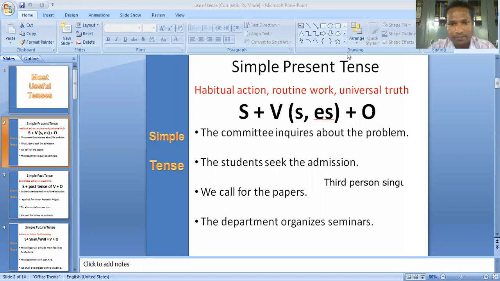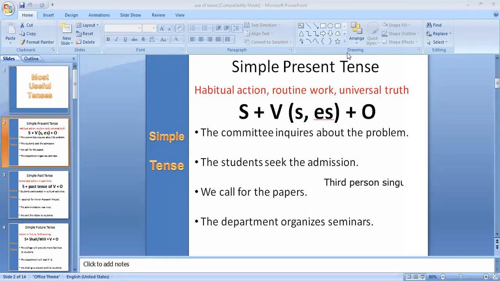Okay. Now the third example. Read the third example. Who is there? Jagdale. We call for the papers. Okay. Which is the subject over here?